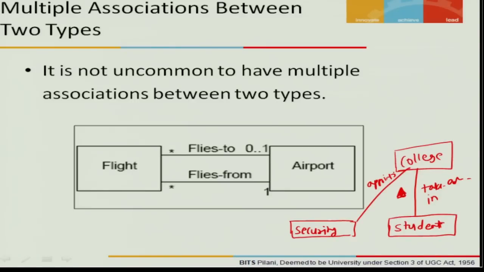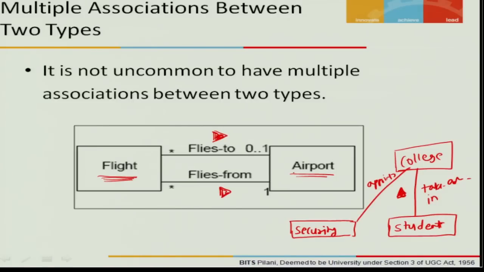It's perfectly valid. Now can we have multiple relationships between two domain concepts? Yes, definitely. Here you can see flight, meaning aeroplane, and airport. Now flight flies to airport, this is a relationship, and flight flies from airport, this is also a relationship between flight and airport.